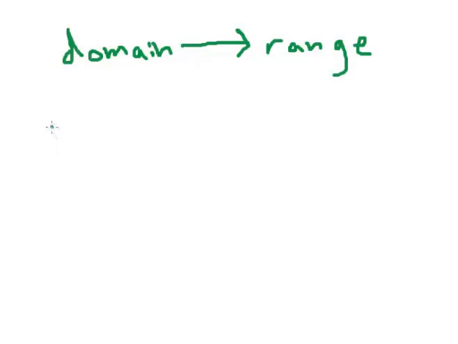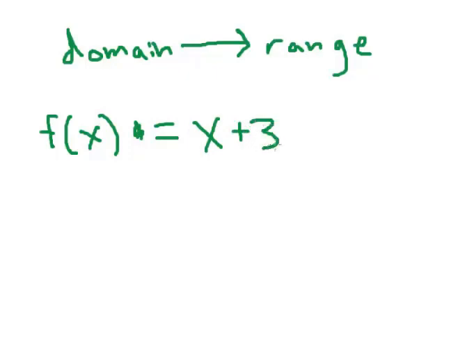So let's say we take that example from before, f of x equals x plus 3. Well, the domain, which is what x can be, is pretty much anything. The domain starts at negative infinity and goes all the way to positive infinity, because x can be anything.